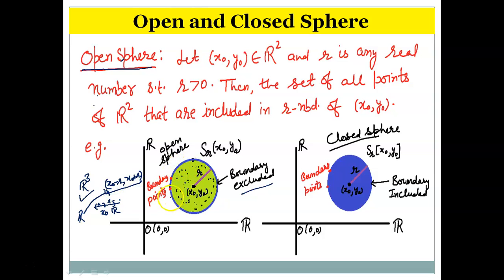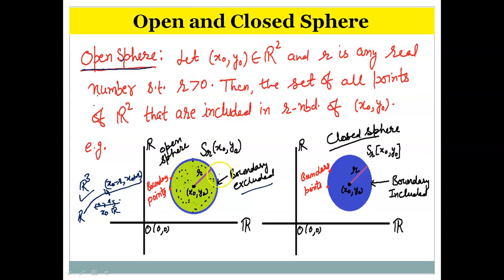In two dimensions, open sphere means the interior of a circle, that is, the part inside the boundary is the open sphere. And if we move on to three dimensions, then the open sphere means the interior of a sphere.